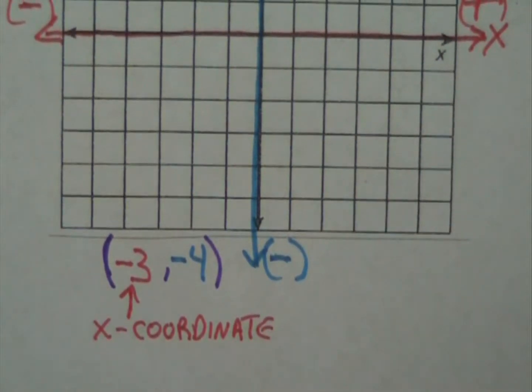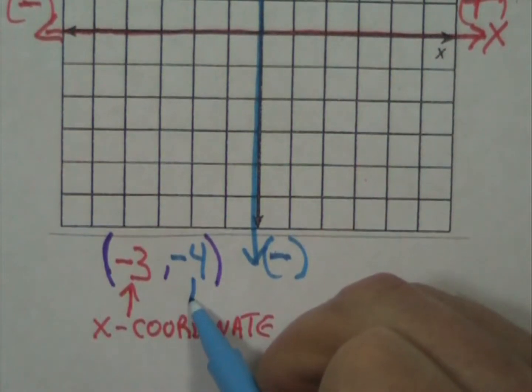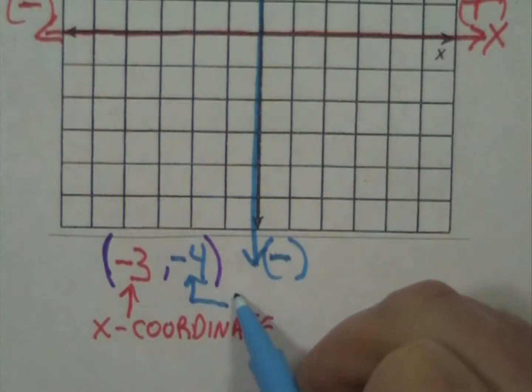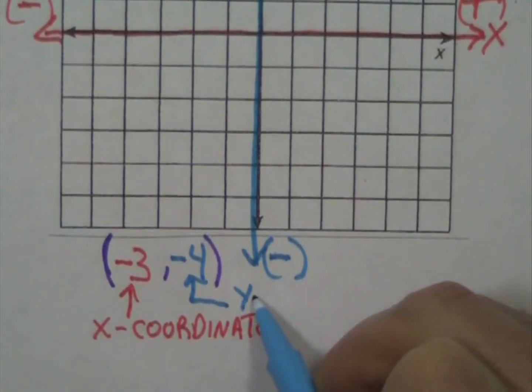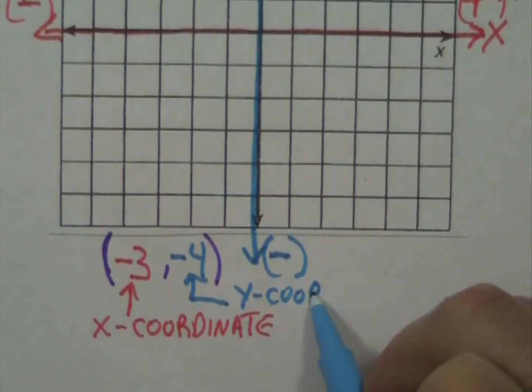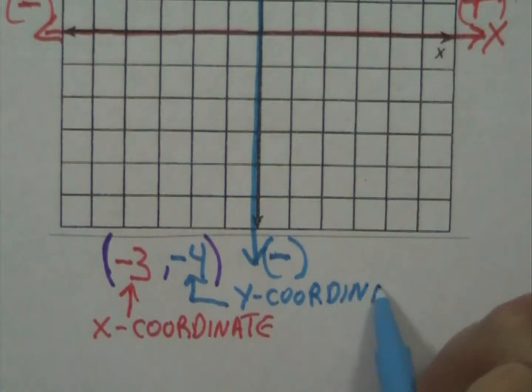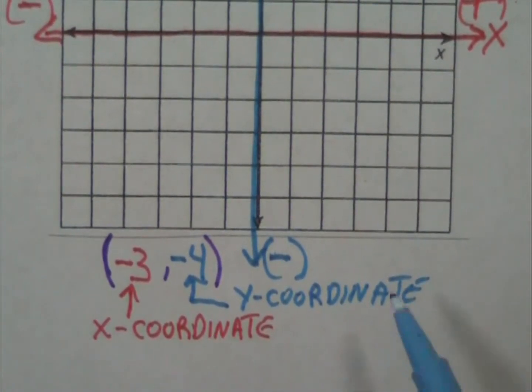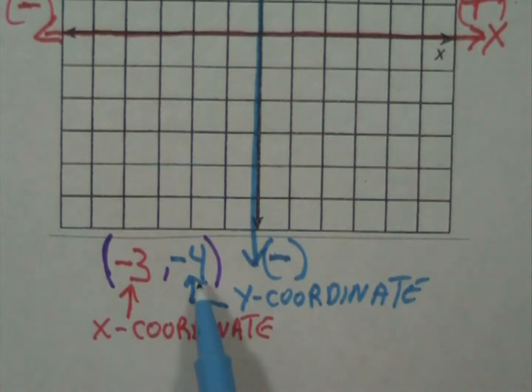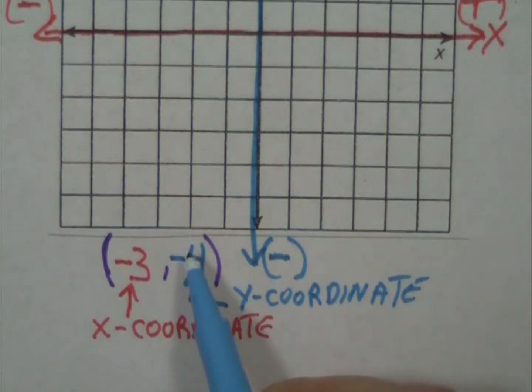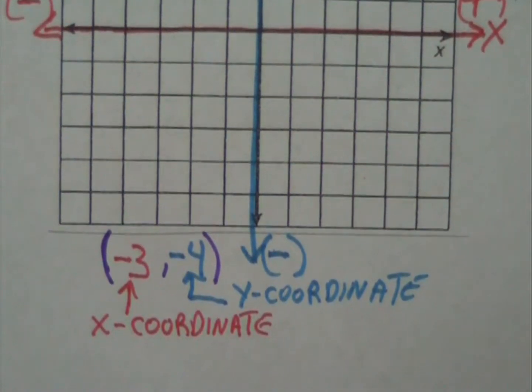And the blue would be the y coordinate. So you have an x coordinate and a y coordinate. Together, they form what's called an ordered pair.